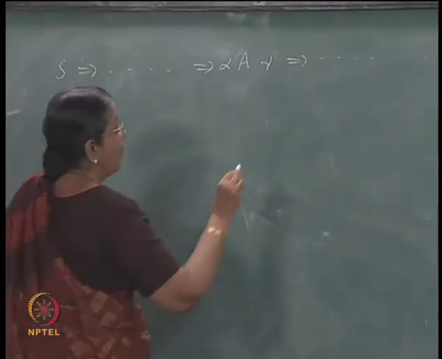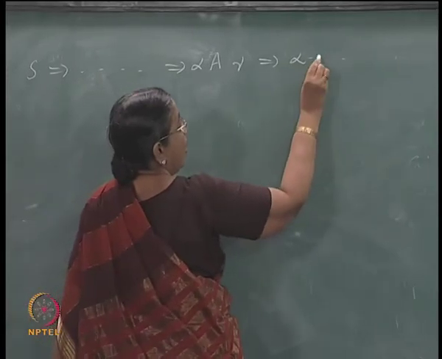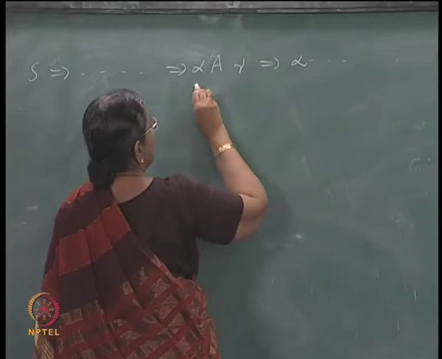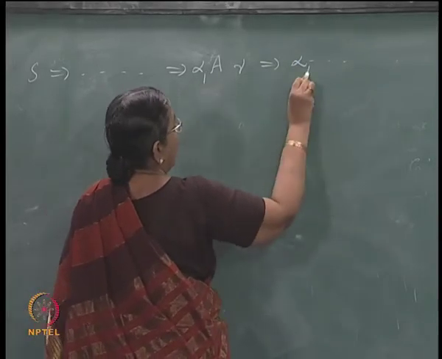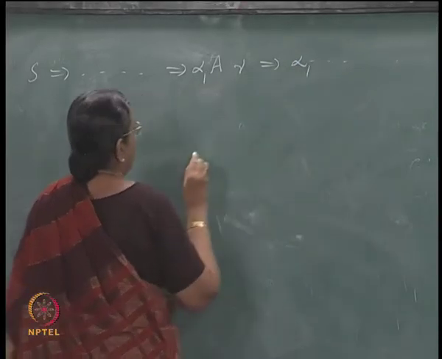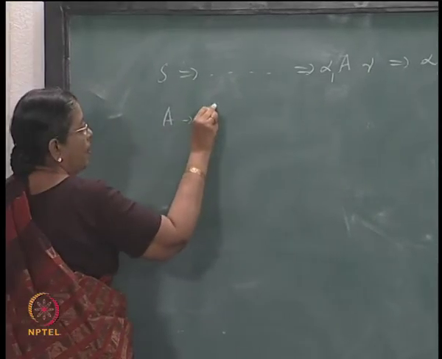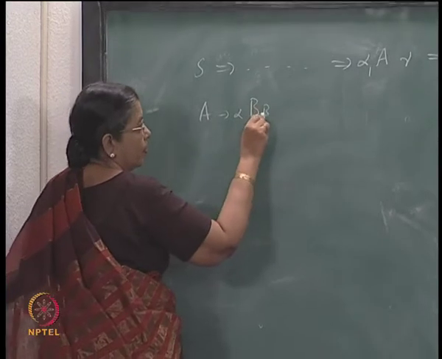And in the next step I use the rule A goes to alpha B beta, I use this rule.